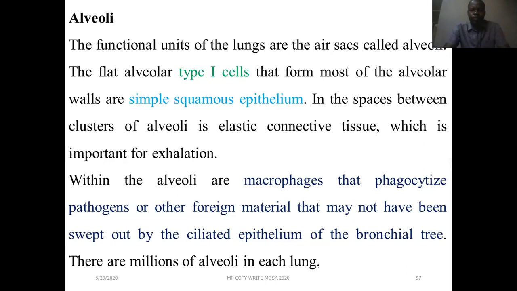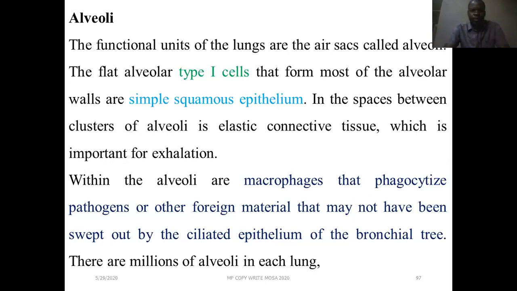So we have immune cells in the alveoli which are capable of destroying some microorganisms and foreign materials that have entered the lungs and were not swept out by the ciliated epithelium. These cells are the macrophages, which engulf and destroy the foreign material that has entered the lungs.